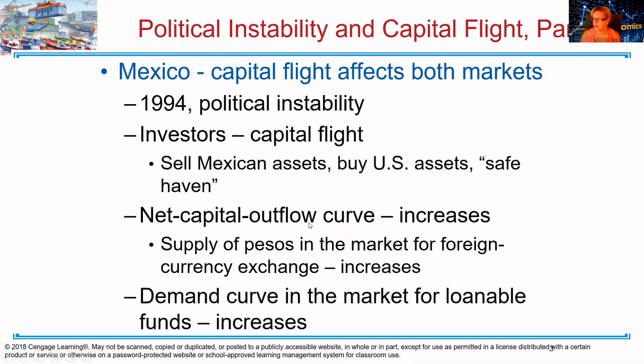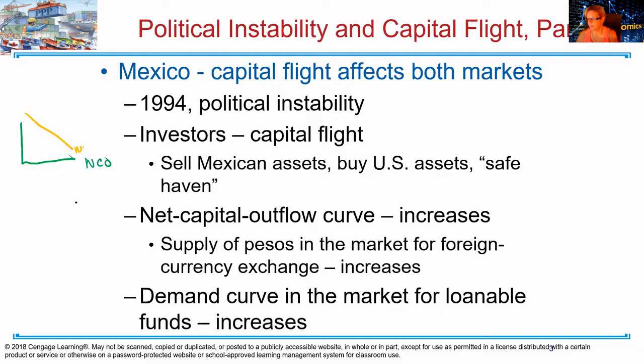Mexico experienced some political instability in 1994. This is one of the things that we look at. It affected the Mexican government and it also affected the US. We're going to look at the Mexican government first. If we're in graph 2, the net capital outflow graph, we're going to begin with net capital outflow.